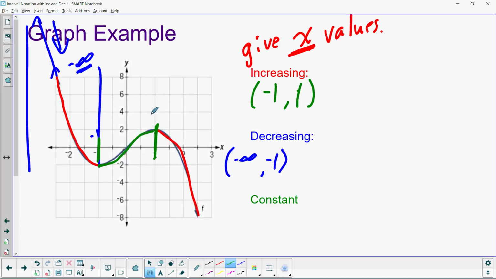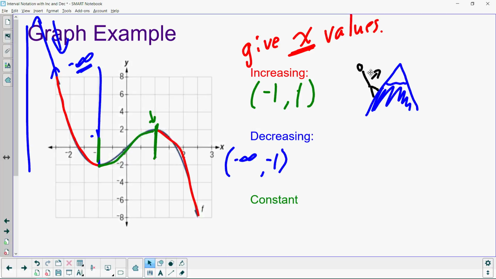If you think about a mountain, so here's your mountain. It's got a nice snowy cap on the top. If you were walking up a mountain, here you're gonna say, "Oh, I'm walking up. I'm increasing my height." Once you get to the top of the mountain, you're not still going up. You're at the top. You can't go up any higher. I guess you could jump, but we're not gonna. We just hiked up a whole mountain. I don't have energy for that.